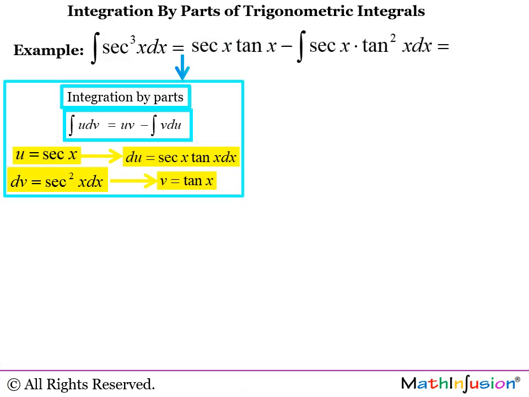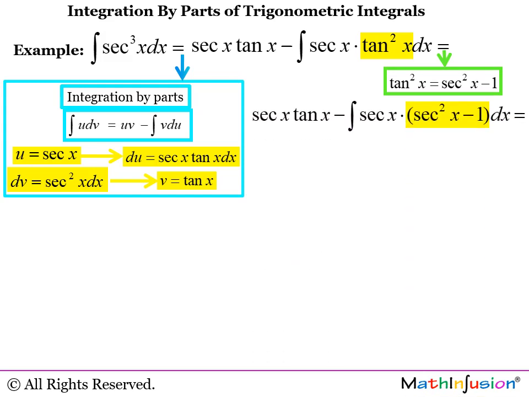We'll use the regular setup for integration by parts, and we get that. So now I still have to integrate secant x tangent squared x dx. But now I have an idea. Why not use Pythagorean identities here? Tangent squared is secant squared x minus 1. I'm substituting secant squared x minus 1 instead of tangent squared, and see what I get.